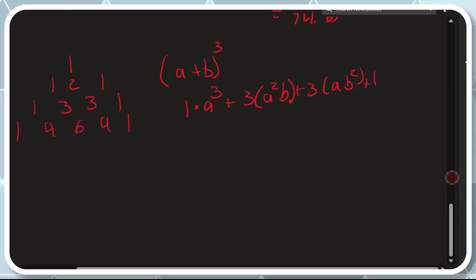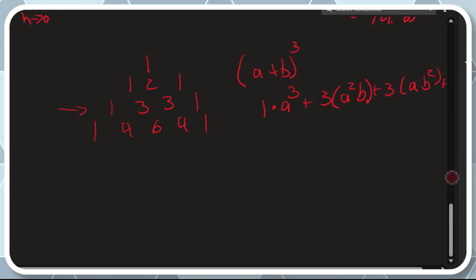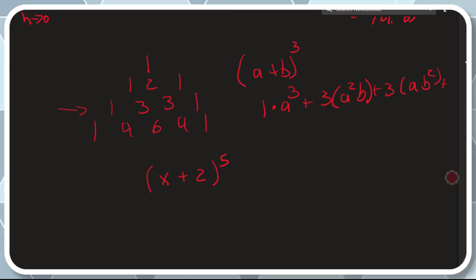But if you ever had to, say, multiply out, if you had to find out what x plus 2 to the 5th was by hand for some reason, don't know why you would do that. The way I'm getting these numbers on the triangle is I'm adding together the numbers that come in the row above it. So to the 5th, these are going to be the coefficients.